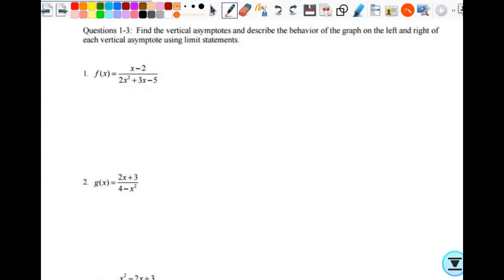So it says, find the vertical asymptotes and describe the behavior of the graph to the left and the right of each vertical asymptote using limit statements, okay? Using limit statements, left and right. So if I want to find my vertical asymptotes, what am I going to have to do here? Factor. That's very good. So go ahead, and I'll give you a second, and you get this factored and find your asymptotes.